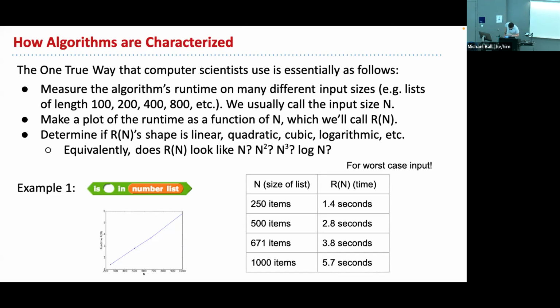For 1,000 items, 5.7 seconds, and so on. And if we graph this, where we have the number of items in our list on the bottom and the time that it took on our y-axis, we get this line that describes the performance of our list.